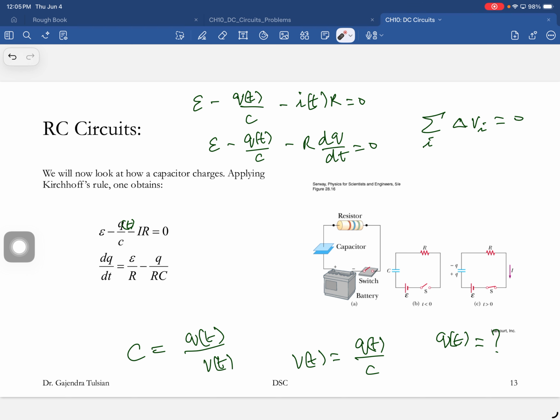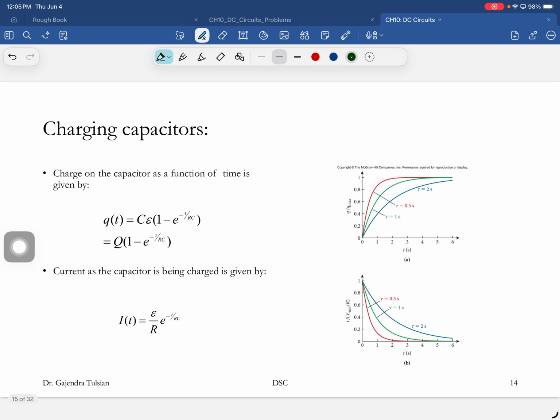That's what Mr. Kirchhoff said. How do we know if Mr. Kirchhoff is right? Solve it. You know how to solve this equation, or you'll learn how to solve this equation. Okay, here's a solution to that equation. You solve that equation, and then what?